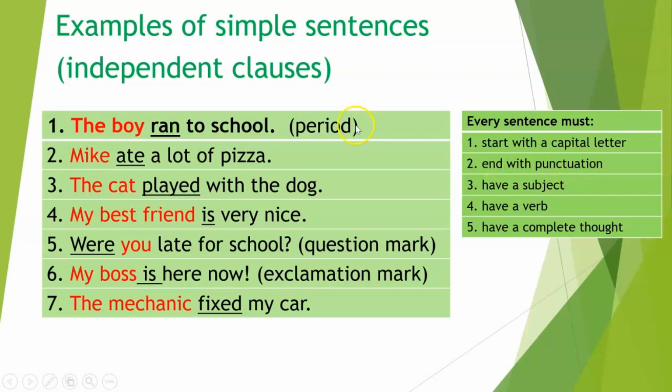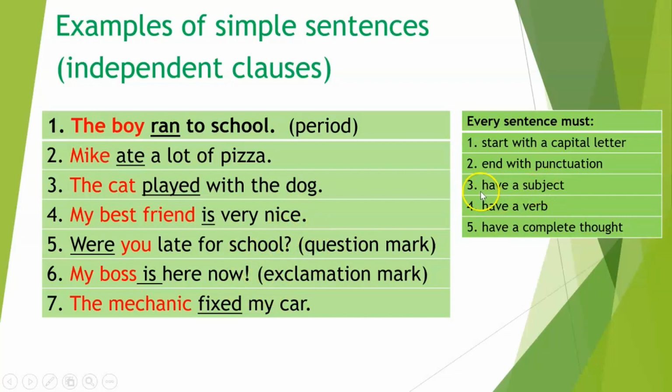That punctuation could be a period, or in some countries they call it a full stop. It could be a question mark, if it's a question, or it could be an exclamation mark.